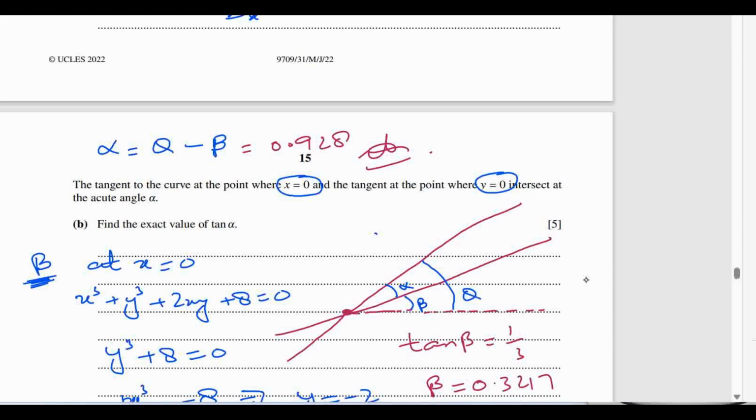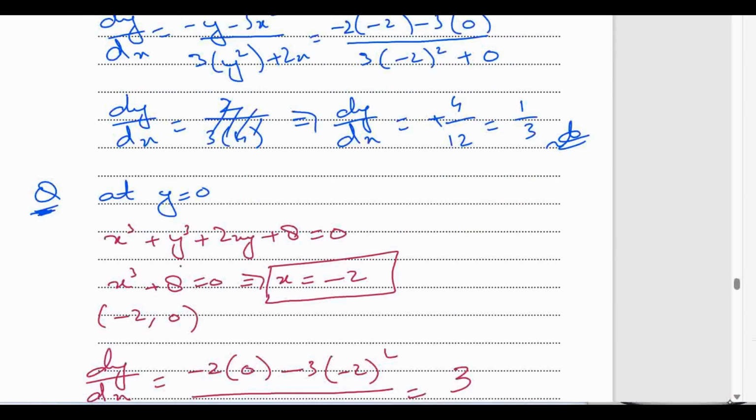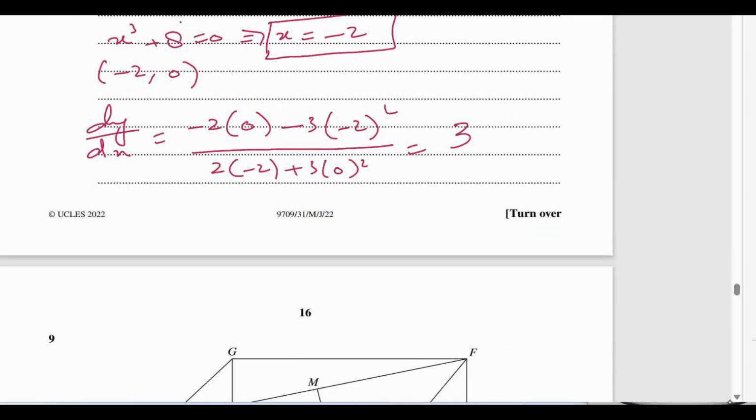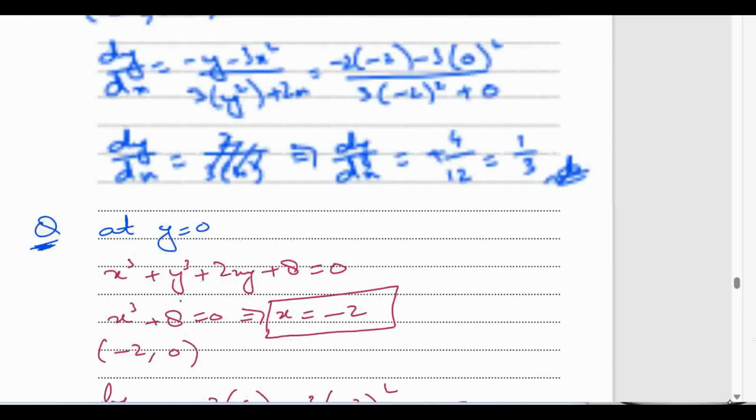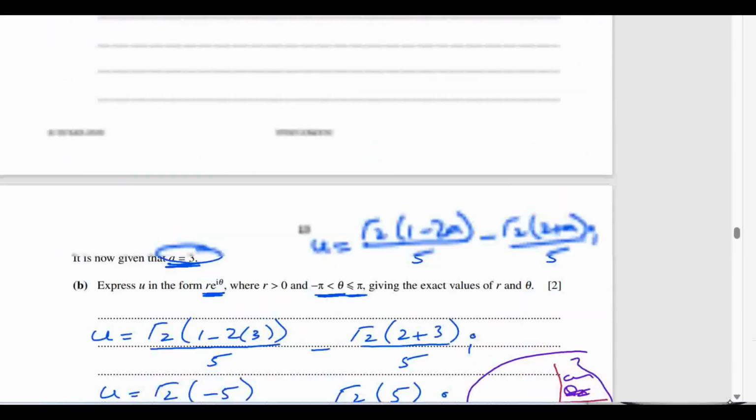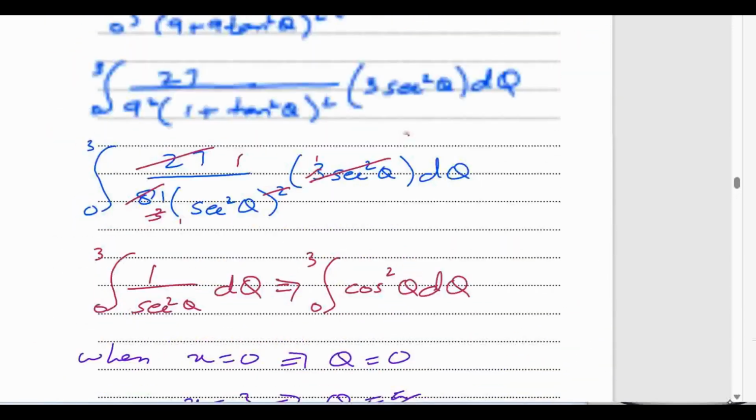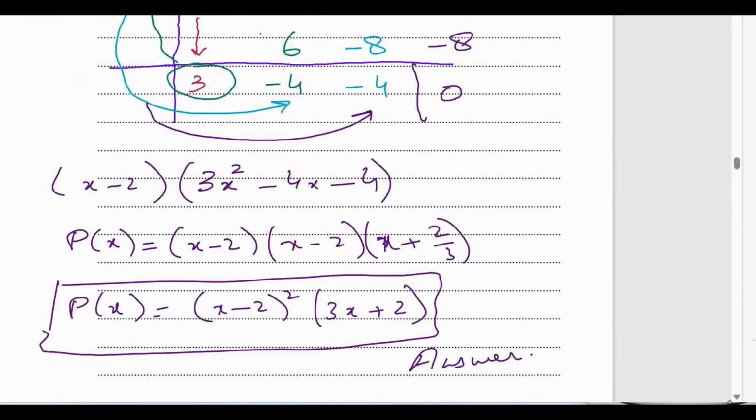I hope that the concept is clear. It was a slightly lengthy question, but still I hope that this is clear. So in today's class, what we have discussed is only 3 questions, because the rest we will discuss tomorrow, God willing.